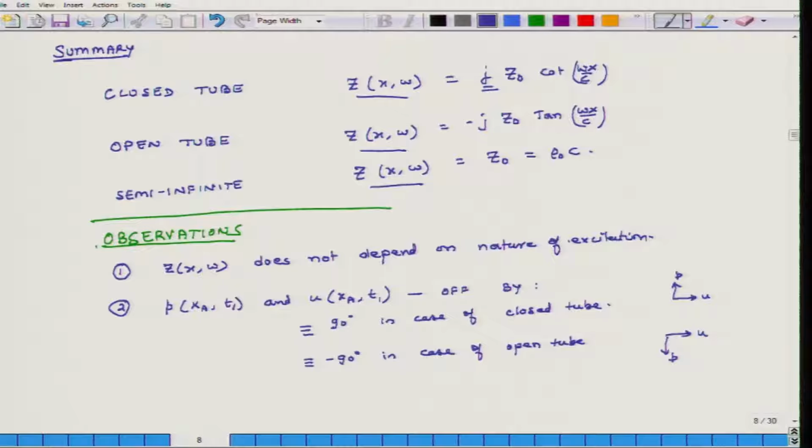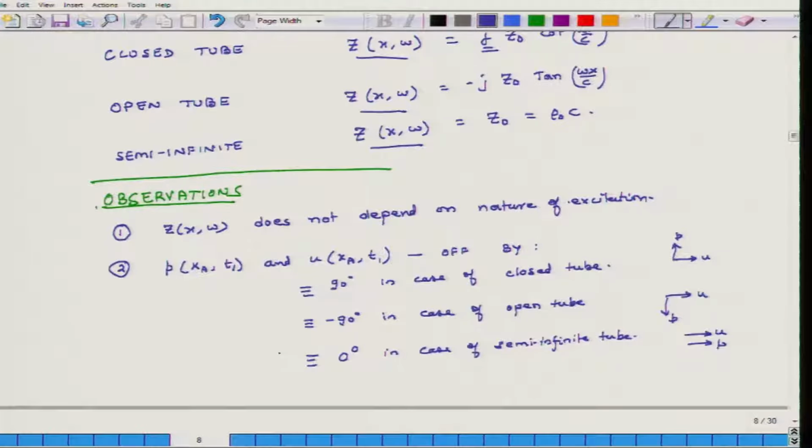Okay. And in case of infinitely long tube, what is the phase difference? It is 0 degrees in case of semi infinite tube. So, pressure as well as velocity have the same phase, okay. There is no phase difference.